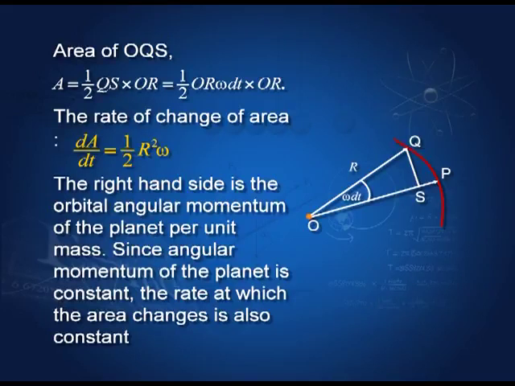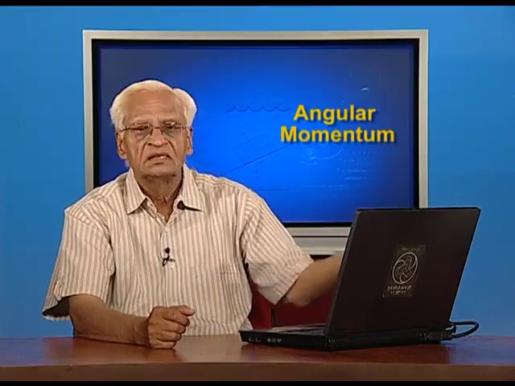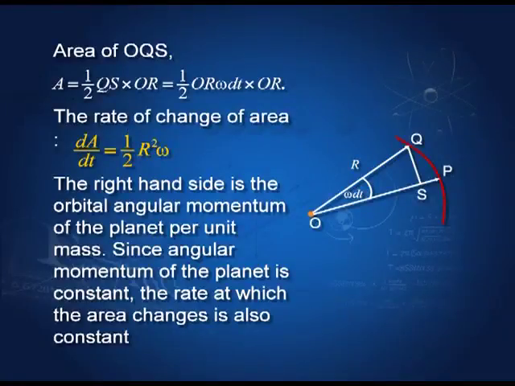So, if I differentiate this with respect to t, dA by dt is half R squared omega, and half R squared omega is the angular momentum of the planet per unit mass. If I multiply by the mass, this becomes the angular momentum of the planet.